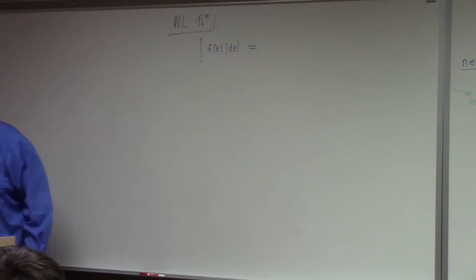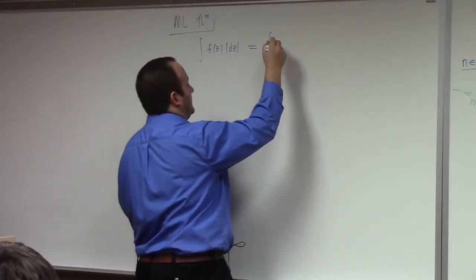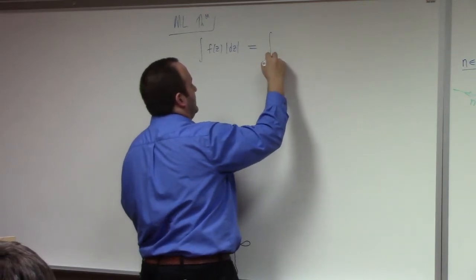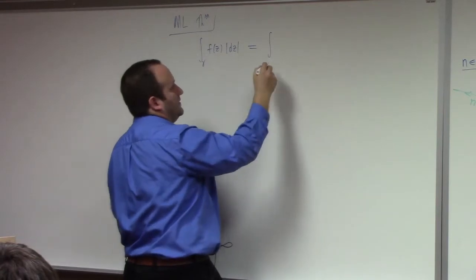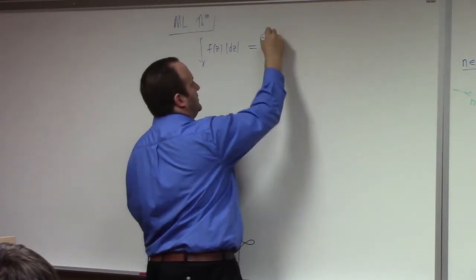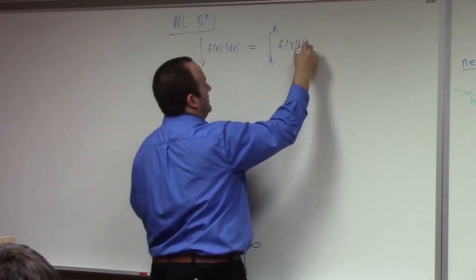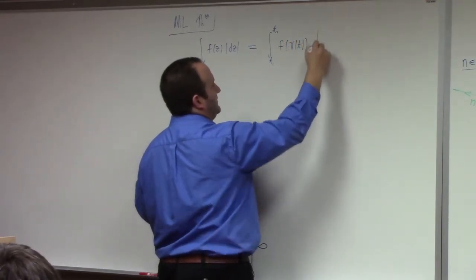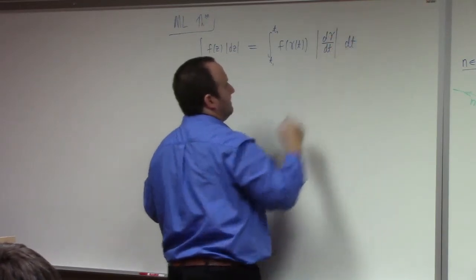What that's defined to be, I have it in terms of the Riemann integral in the notes, but I'll just get straight to the point here. It's basically the integral over gamma, say from t1 to t2, of f of gamma of t times the modulus of d gamma dt, dt.